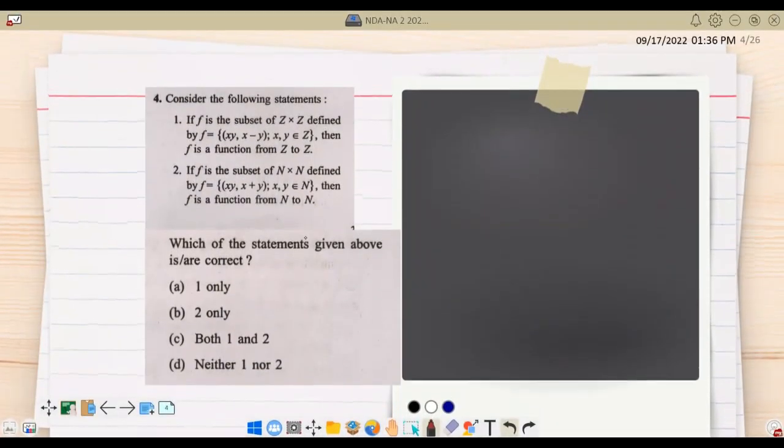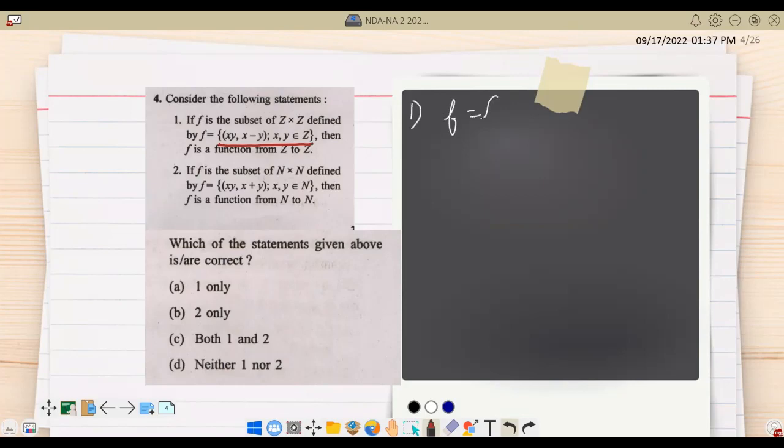In this question, they have given 2 statements. First statement, they have given f is a subset of Z cross Z, Z is integers, and they have given the function definition, that is x comma y maps to x minus y, where x and y belong to the integers. First, we will check the first statement.